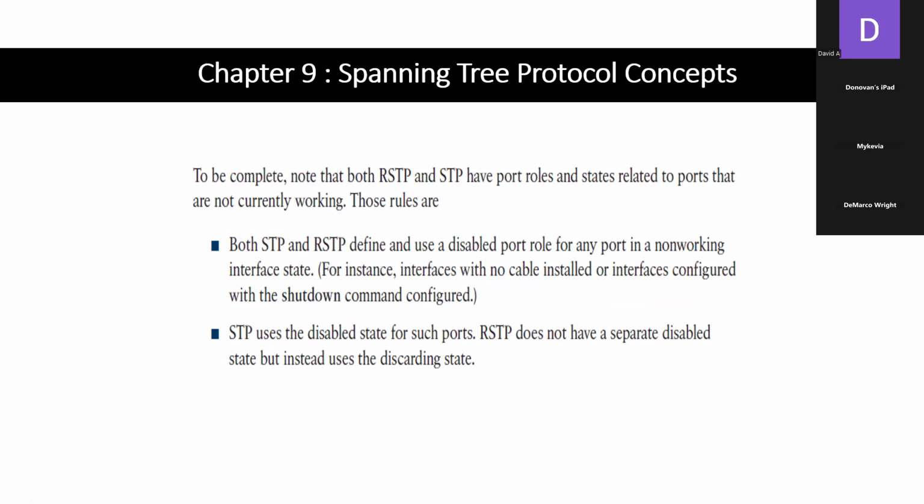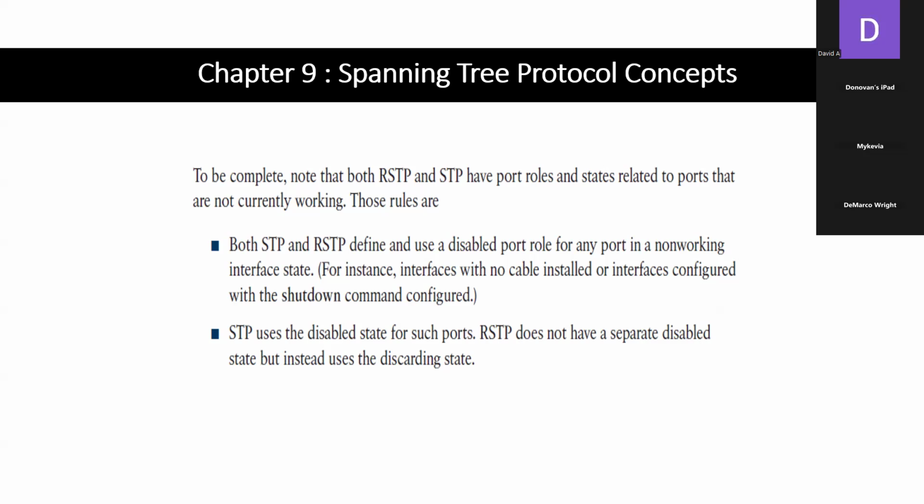Note that both rapid spanning tree and spanning tree have port roles and states related to ports that are not currently working. Both define and use a disabled port role for any port in a non-working interface state. This means, for instance, interfaces with no cable installed or interfaces configured with the shutdown command.